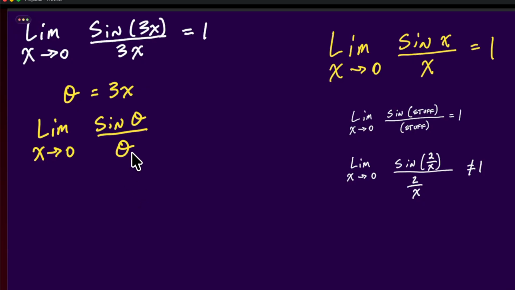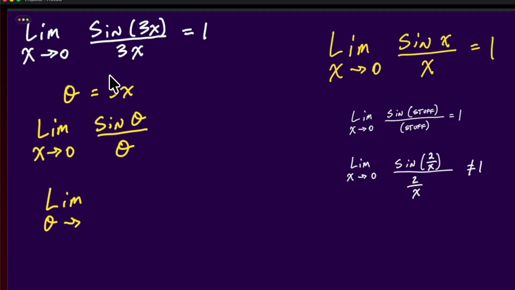So we're going to assume that because we're having the limit of sine of stuff over stuff, this equals 1. But the problem is here the original limit has x going to 0, and we have theta inside the limit. So what we have to determine is what happens to theta as x goes to 0.